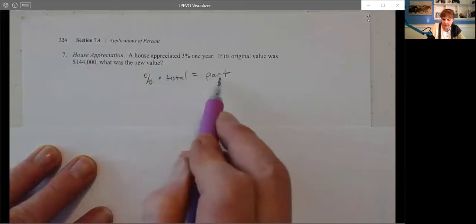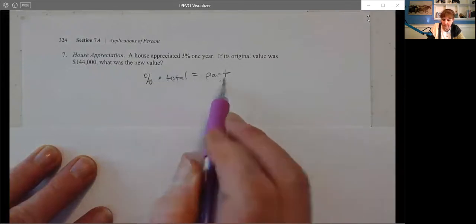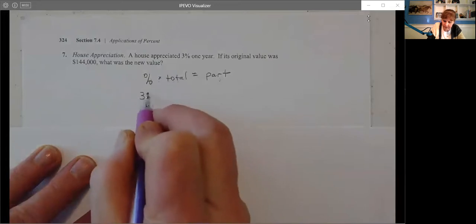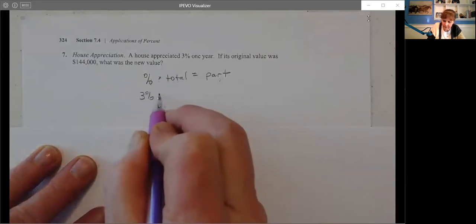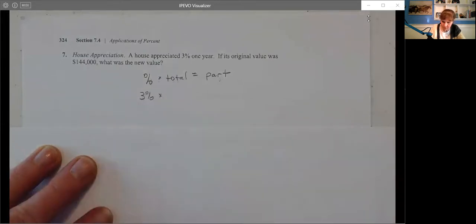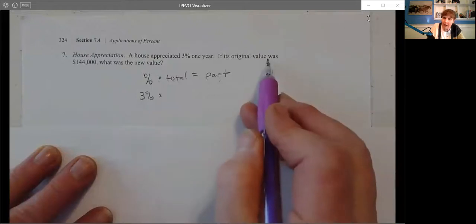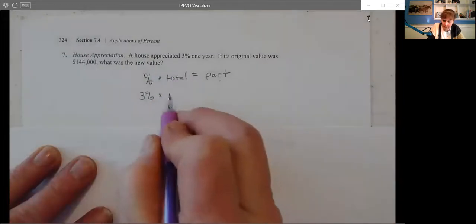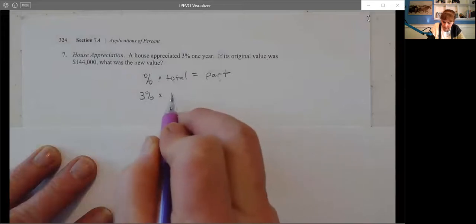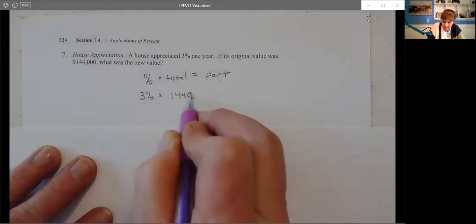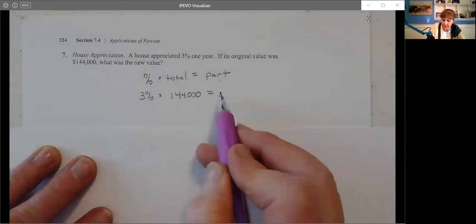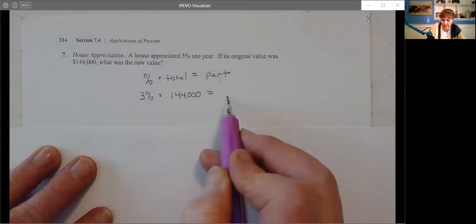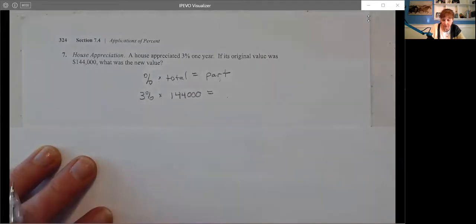The part and the percent are related to each other. So we have 3% times the total. The original value is what we're going to use for the total here. So we have 3% of the 144,000 is going to give us how much it went up, because the percentage is how much it went up.